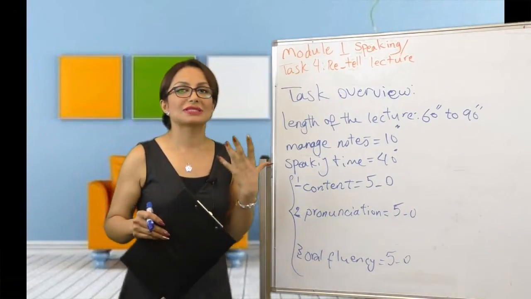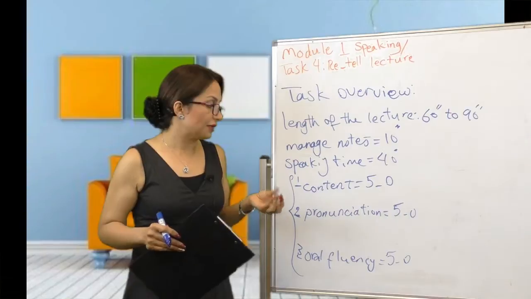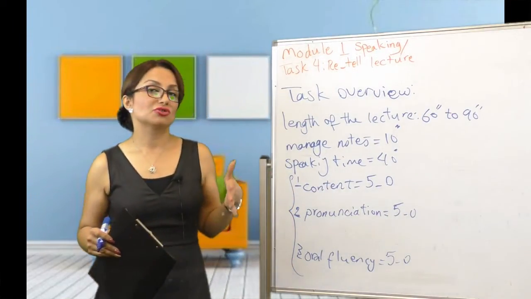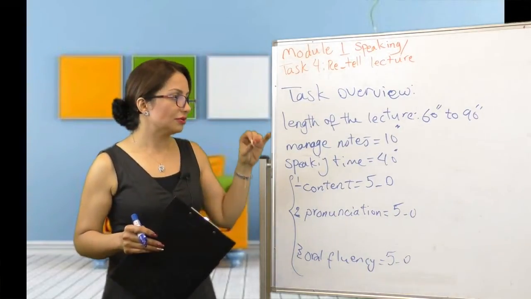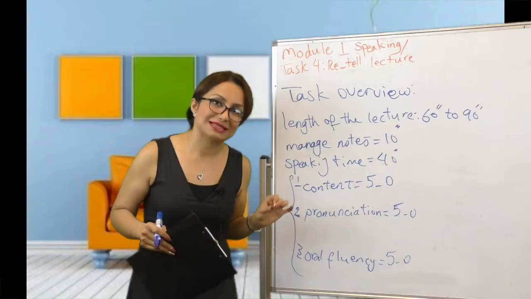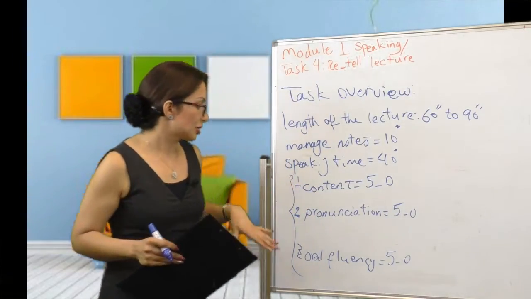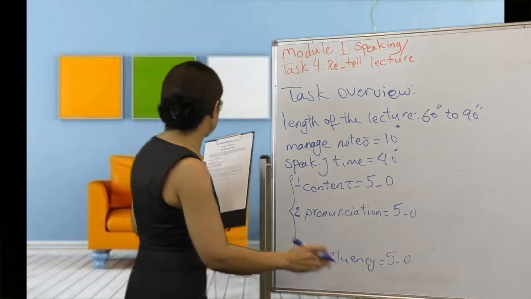Pronunciation is how to pronounce a word correctly with a correct pattern. And your oral fluency means the ability to make sentences without hesitation. So when you can make sentences without hesitation, it means your oral fluency is acceptable, is okay. So these 3 areas of marking are effective for Retell Lecture task.